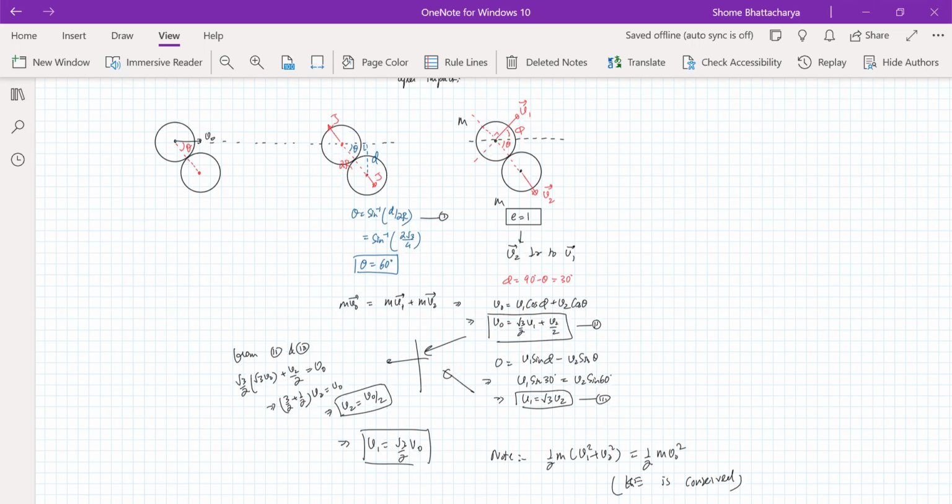Okay, so these are the general methods of solving oblique collisions in 2 dimensions by using 2-dimensional component algebra.